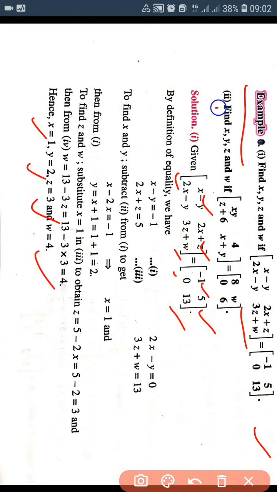Now similarly, the second part, you can easily solve this question and find the values of x, y, z and w by comparing these two. These are the examples related to equal matrices and order of the matrices.